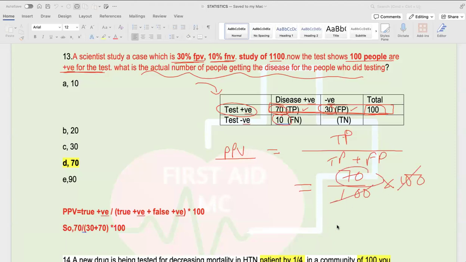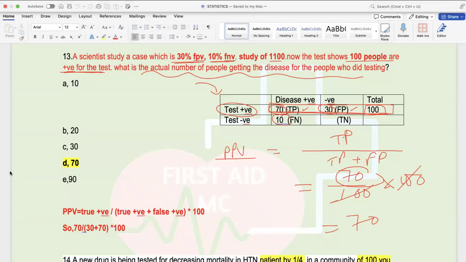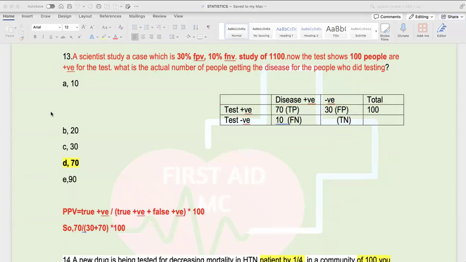So that's the math. The math is not very difficult. If you can remember the 2 by 2 table, then it's quite easy. And if this is a marked question in the exam, this will carry high marks, because it takes a lot of effort to come to the right answer in this case. Nothing. That 1100 has nothing to do with it.